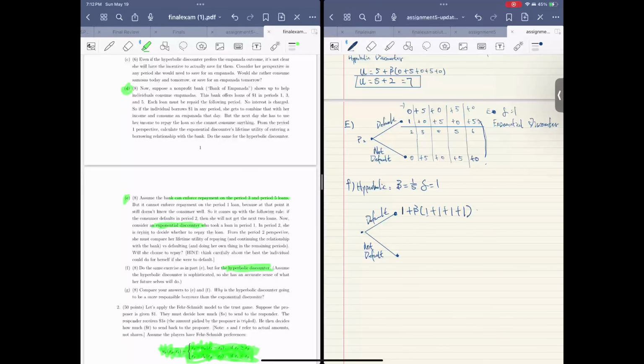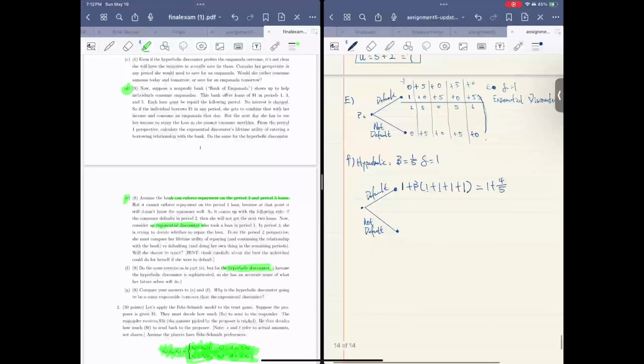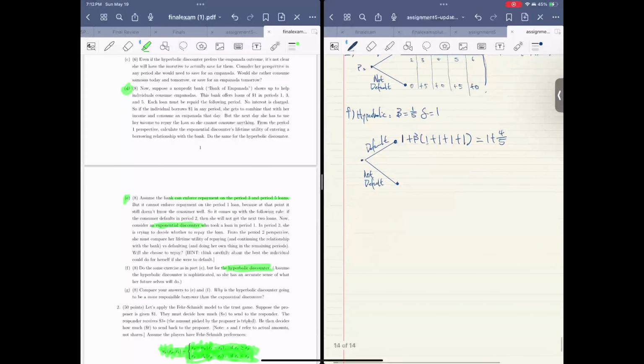So we'll have 1 plus 4/5 if this person, or hyperbolic, defaults. If not default, let's see what the hyperbolic discounter will do. If not default, it's 0.